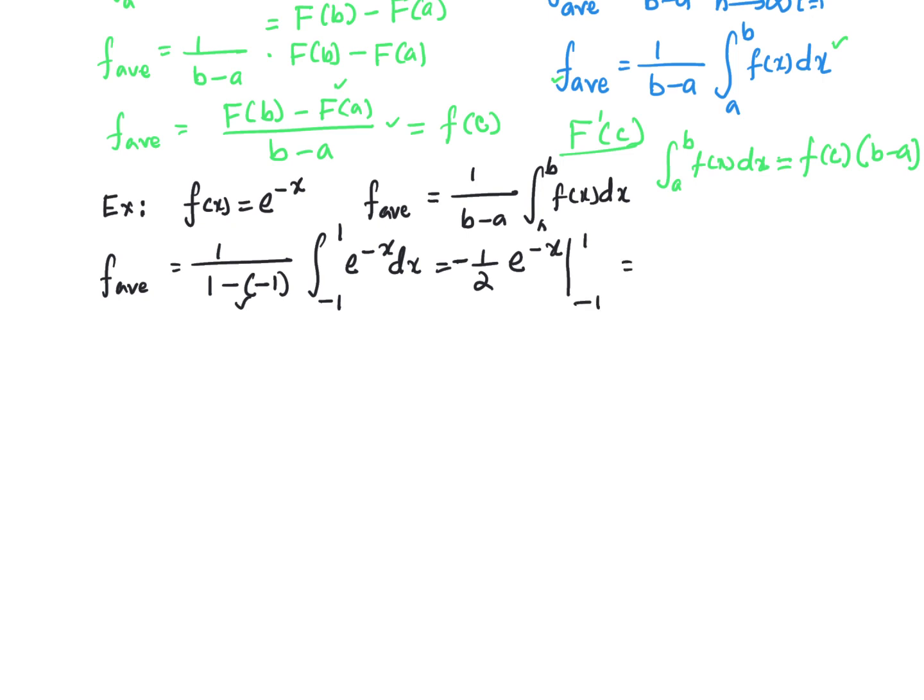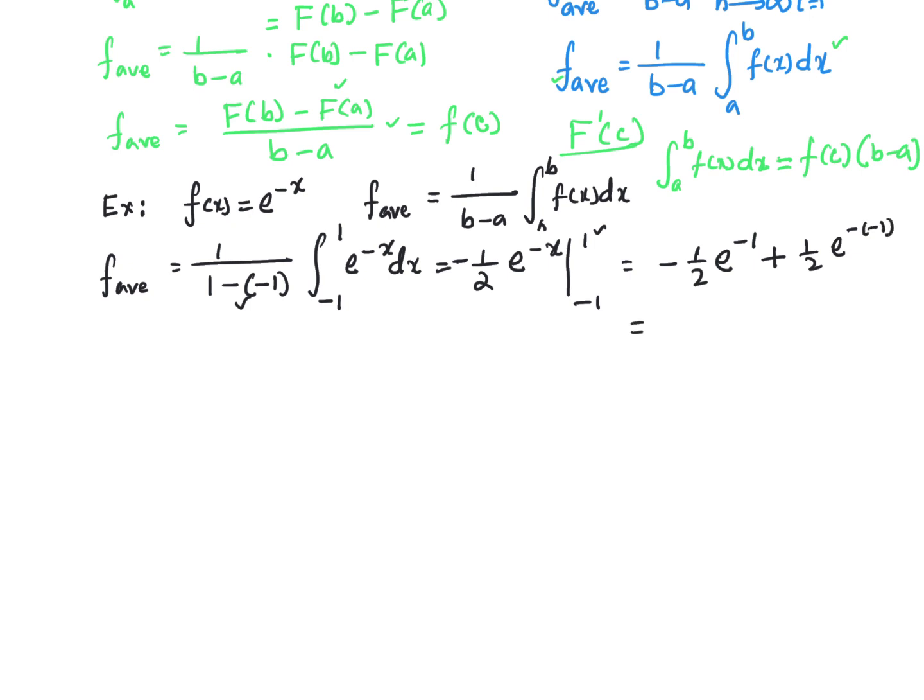So that's going to be negative 1/2 times e to the power negative 1 when I plug in 1, minus, and minus is going to make it plus, 1/2 times e to the power 1, since negative times negative 1 is positive 1.